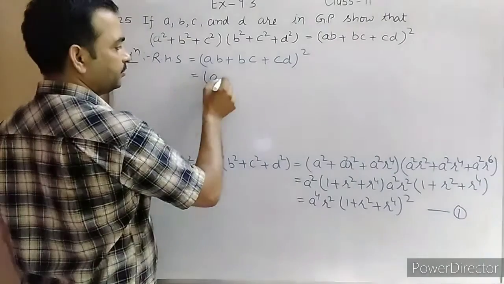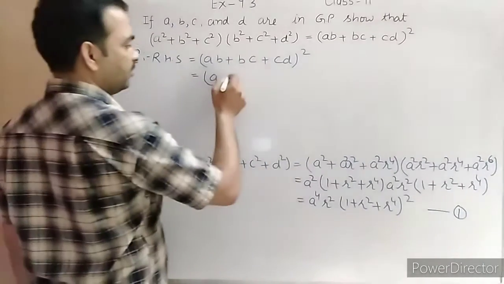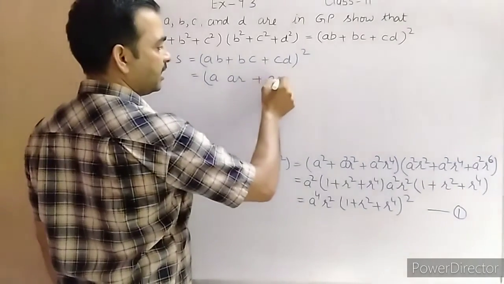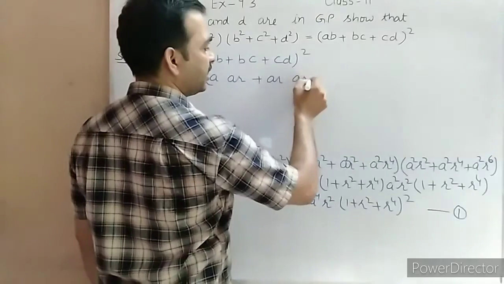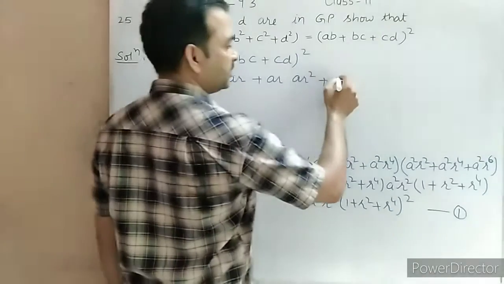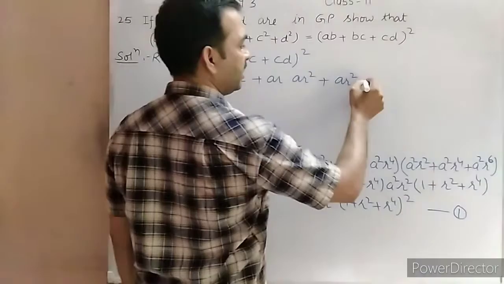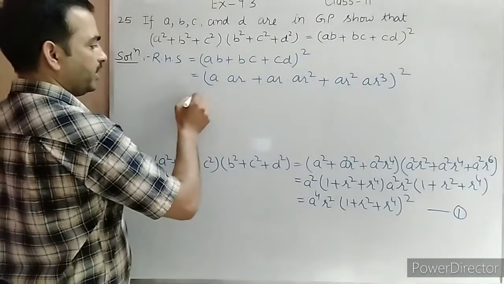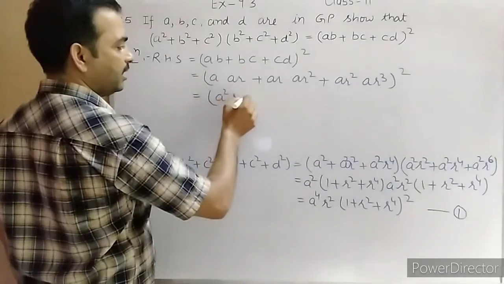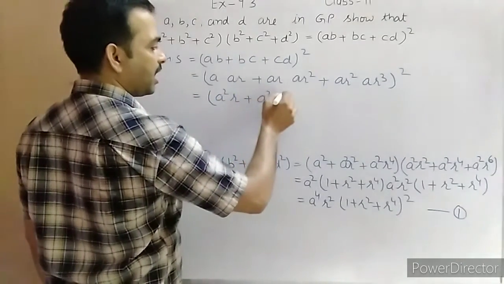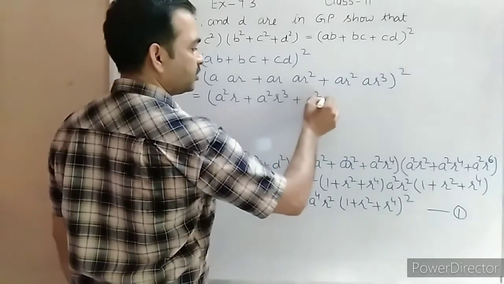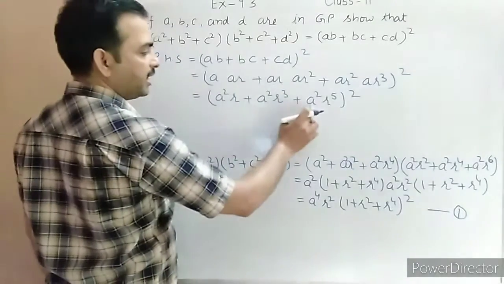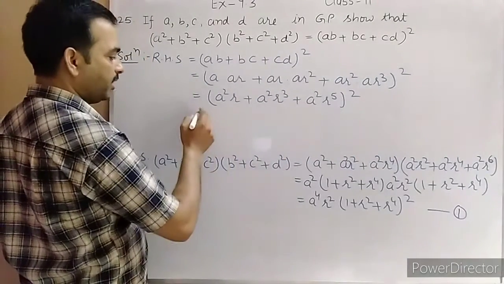A as it is, B is AR, plus B is AR and C is AR square, plus C is AR square and D is AR cube, whole square. So it is equal to A square R plus A square R cube plus A square R power 5 whole square. Now I can take A square and R common.